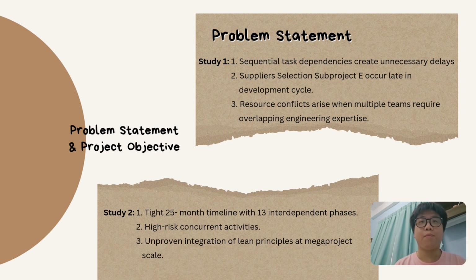The second case study's problem statement is a tight 21-month timeline with 13 interdependent phases, the second is high-risk concurrent activity, and the third is unproven integration of lean principles at mega project scale.